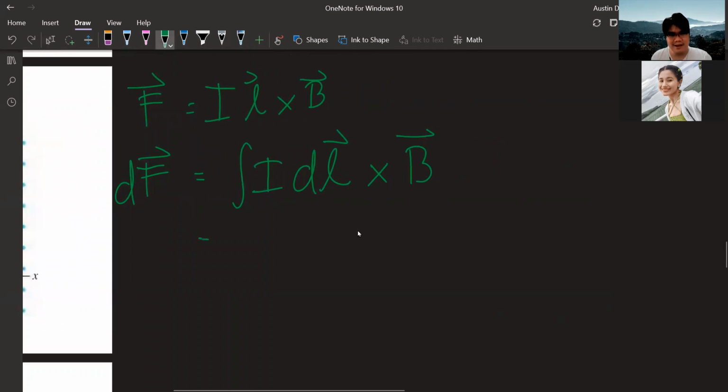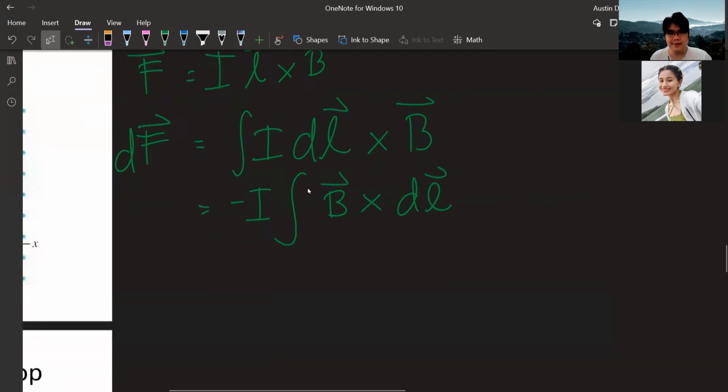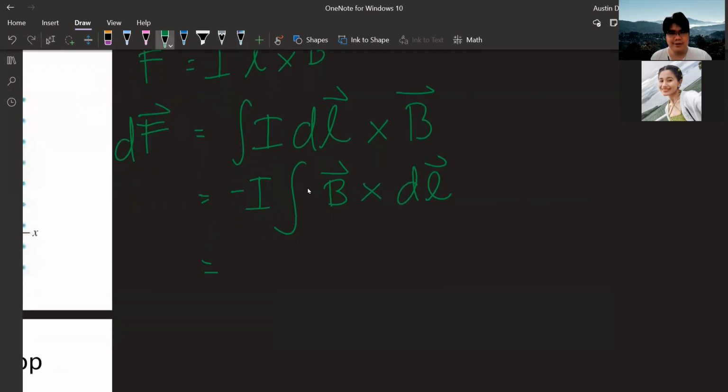And then, pwede mong baliktaran kung hindi ka sanay na nauuna yung infinitesimal element, DL. So, you can put a negative sign there. I, B cross DL. Okay, then I could also do this. Negative I, then B, DL, sine theta.